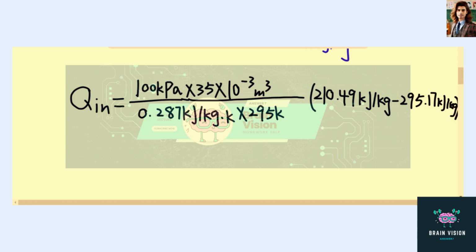And this will give us the heat transfer of the bottle, which is about negative 3.5 kilojoule.